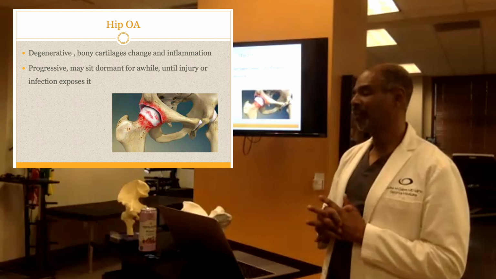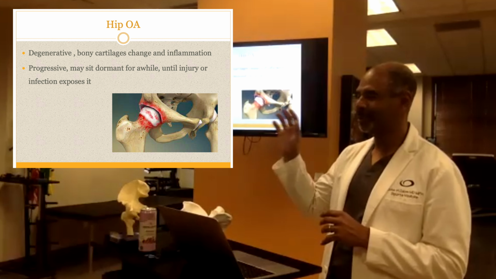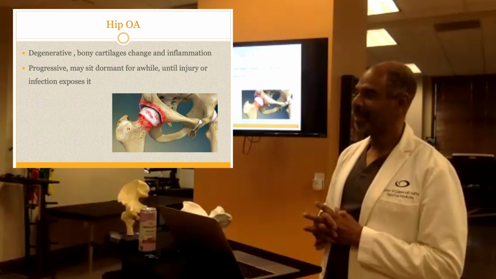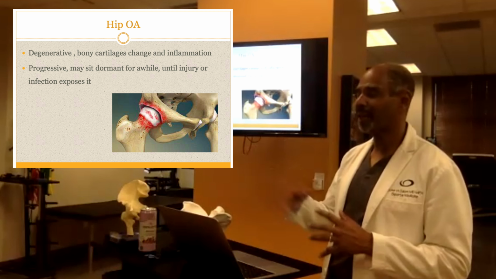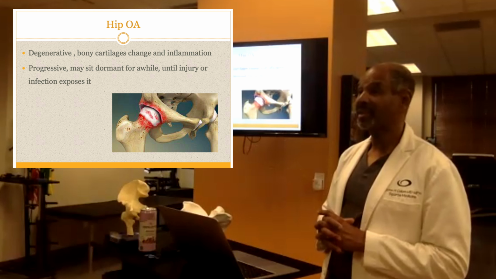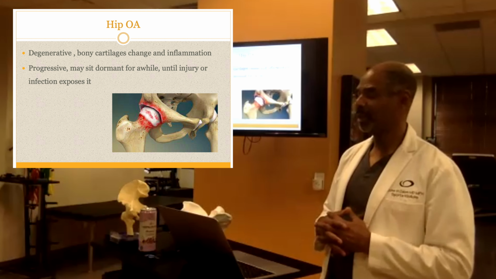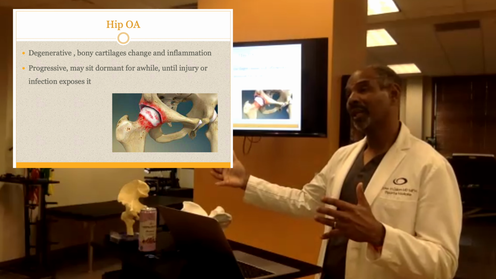Teflon on a new pan is awesome. As soon as you get home, you can put the food on there and it just slides across. But after a couple of years, a fork or a spatula causes nicks in the Teflon, and that takes away its efficacy. Then all of a sudden, you're back to using olive oil and butter to cook your food. The Teflon is similar to the synovial lining.